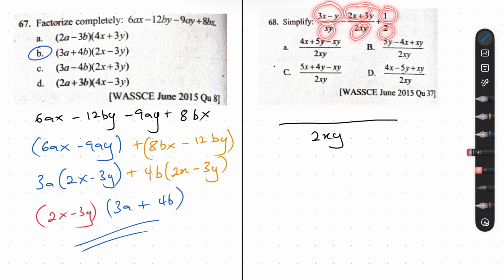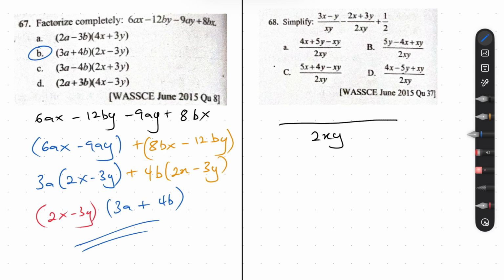Okay, cool. So now the first part, xy cancels xy, we are left with 2. So this 2 will multiply this whole thing. Similarly, 2x will cancel 2x, we are left with 1, and 1 will multiply this whole expression. And then 2 will cancel this 2, then we are left with xy, which will multiply 1. Okay, so let's do that.